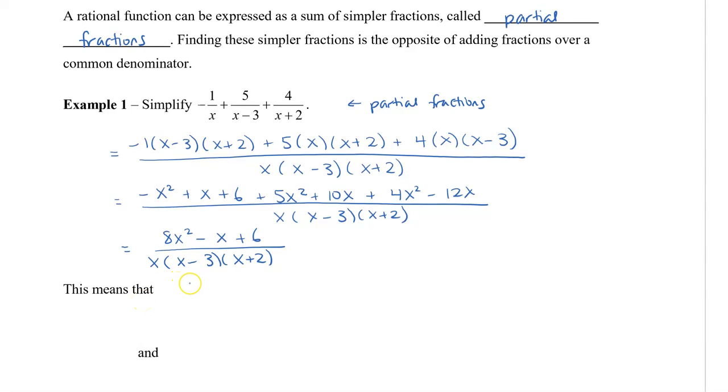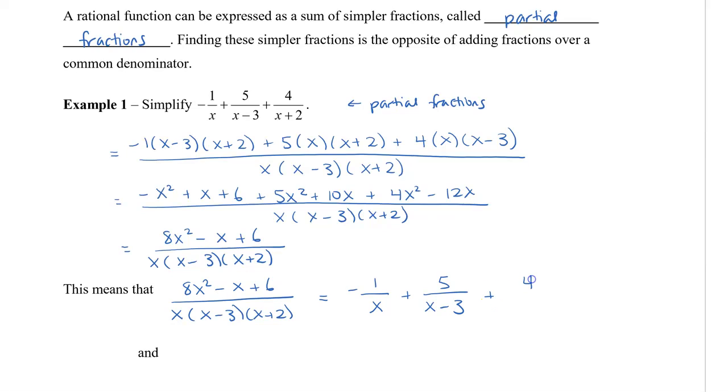Now this means that 8x squared minus x plus 6 divided by x times x minus 3 times x plus 2 is equivalent to negative 1 divided by x plus 5 over x minus 3 plus 4 over x plus 2.